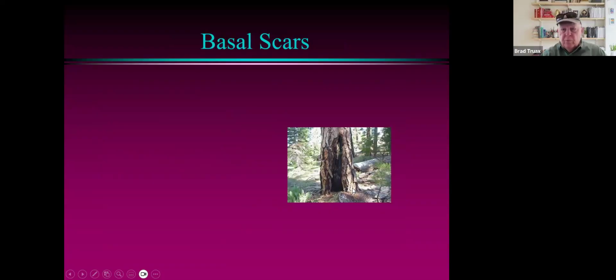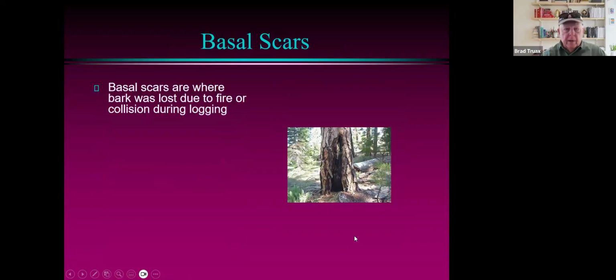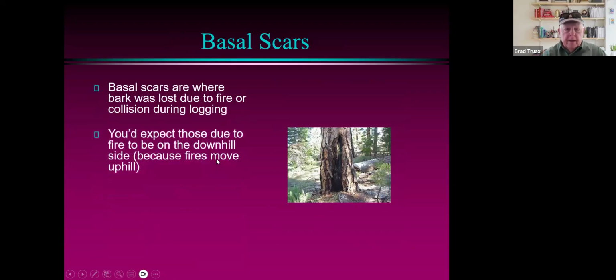You may occasionally see what are called basal scars when you're out in the forest. Basal scars are where the bark was lost due to either fire or a collision when logging was happening. You'd expect that those due to fire would be on the downhill side because fire moves uphill when there's a wildfire.